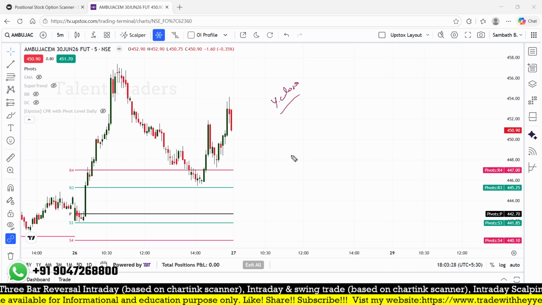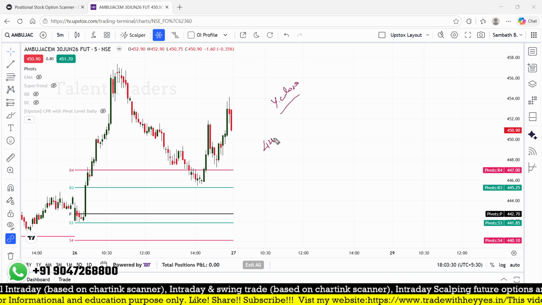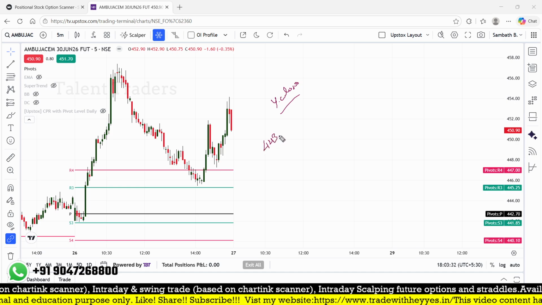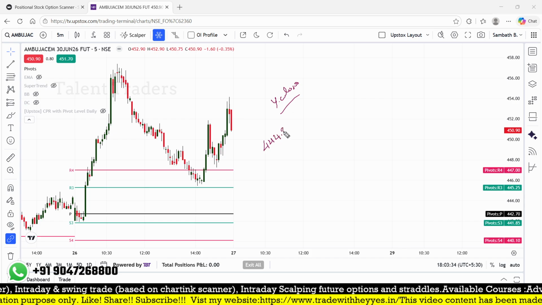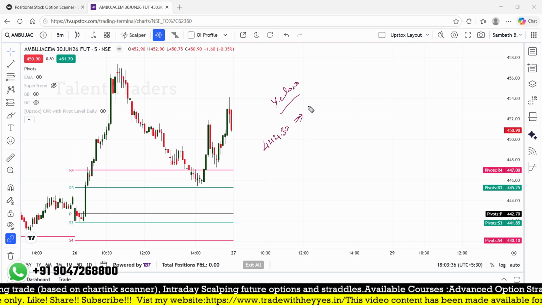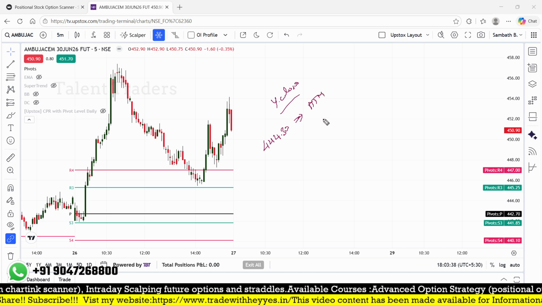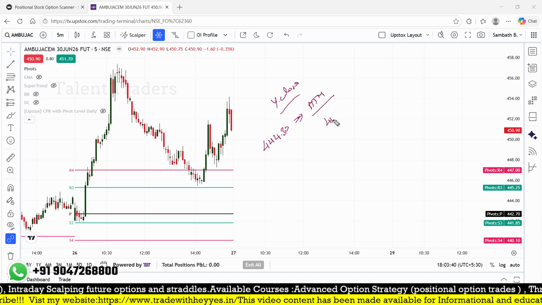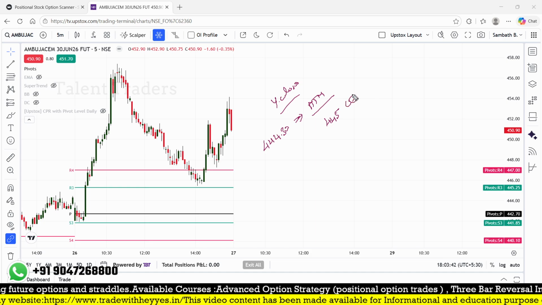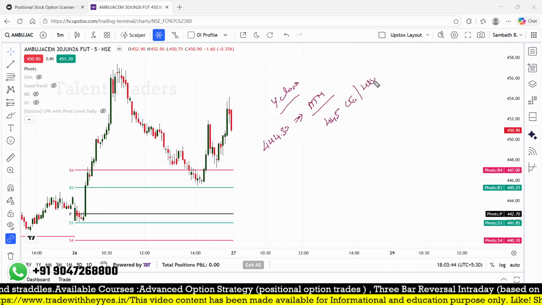The closing price is 444.3. The nearest ATM strike price which we are selecting is exactly the 445 call and 445 put option.